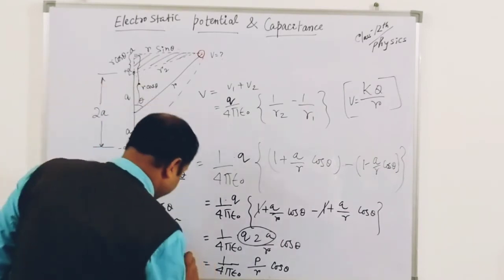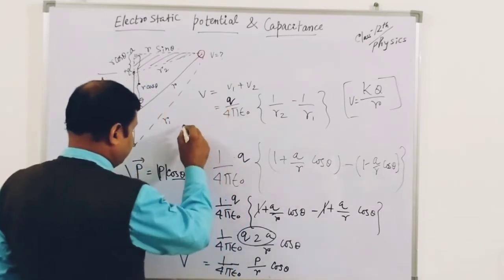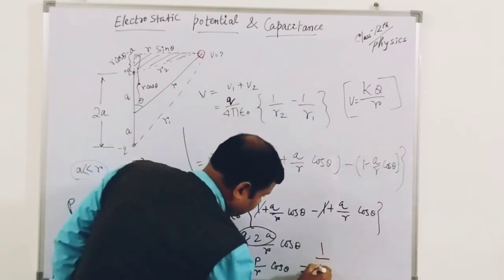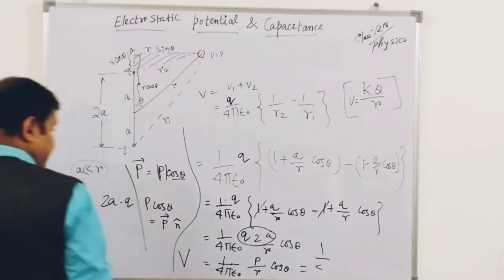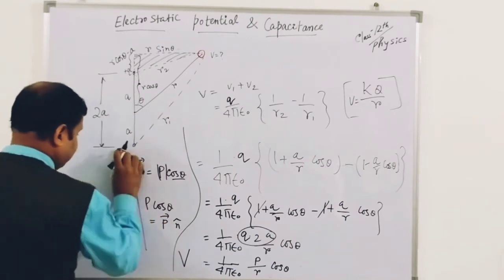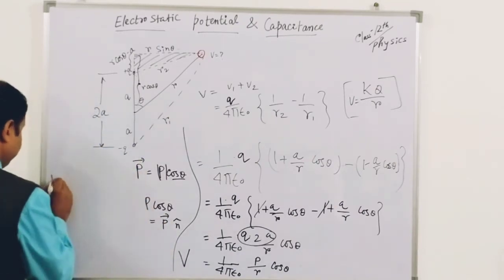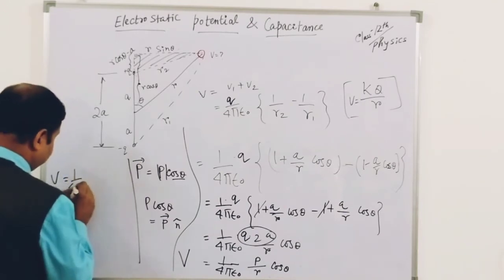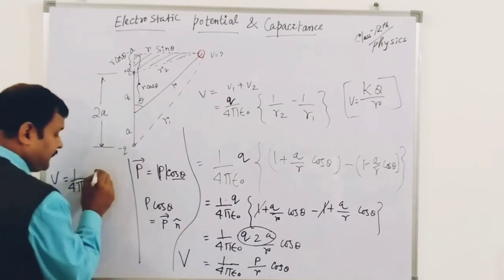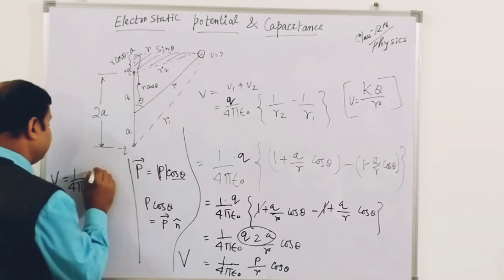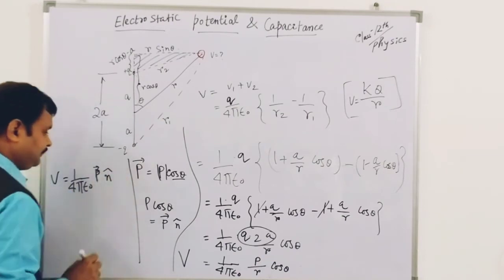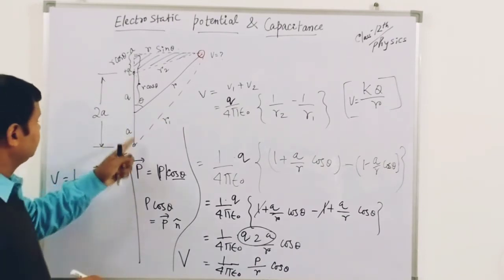So we can write the potential V, which is nothing but 1 by 4 pi epsilon naught, P, the electrical dipole moment vector, dotted with n cap, divided by r squared.